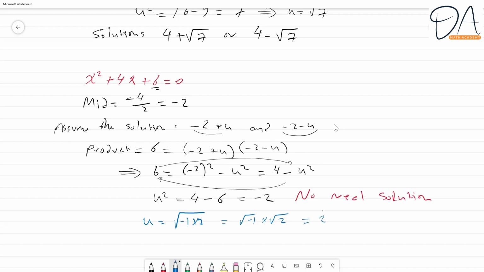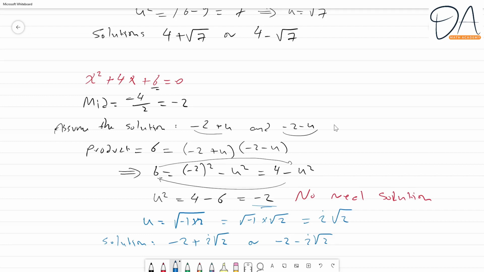So this will be i square root of 2. So the solution will be the midpoint, which is minus 2, plus u, which is i square root of 2, or minus 2 minus i square root of 2. So you can see this method can be used even to find complex roots. Or if you don't want complex roots, you can also conclude that there will be no real solution.